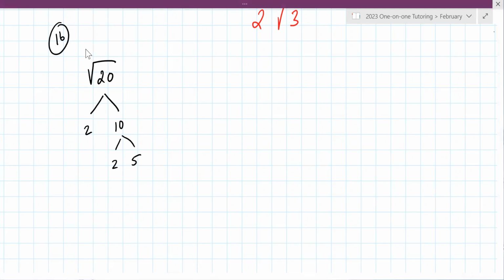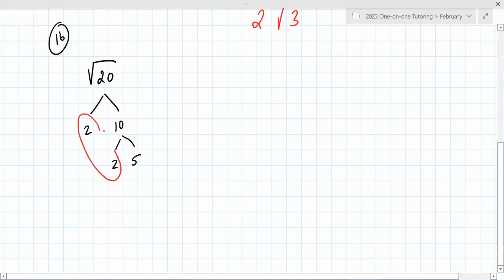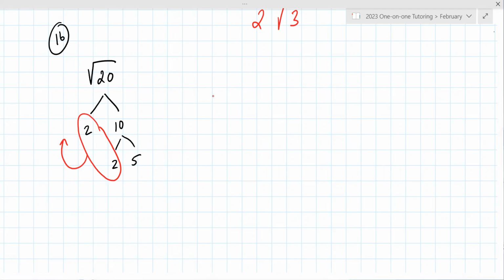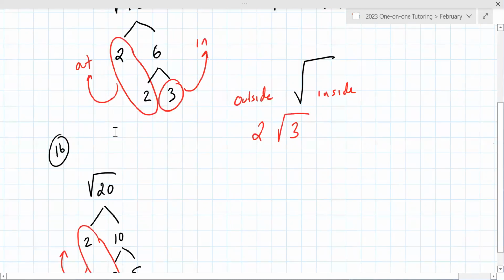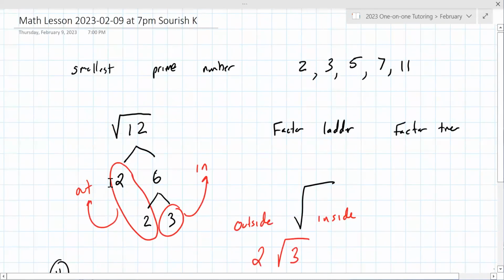Okay. Now for each pair, what happens to the pair? We just did it just like this. Let's go back and look at the previous problem. What did we do to the pair of 2's here? They were out. You bring one out.